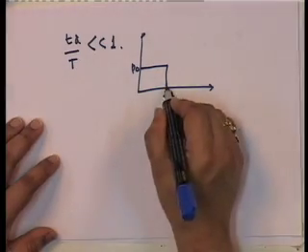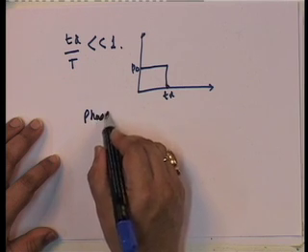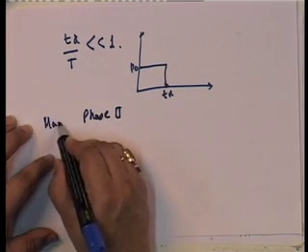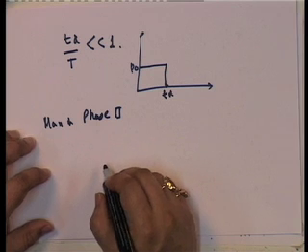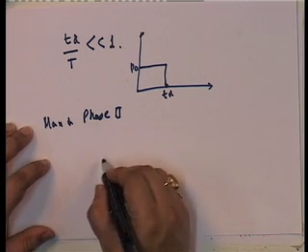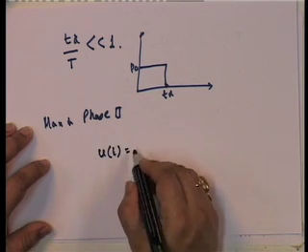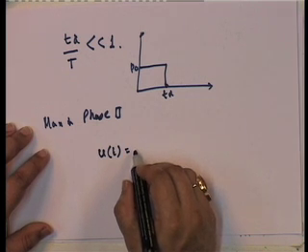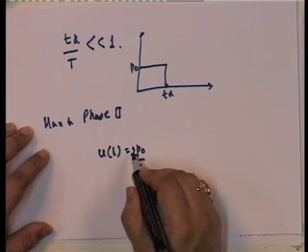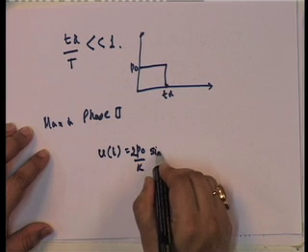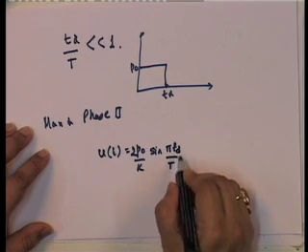Note that if Td by t is very much less than 1, the max will always be in phase 2, because it can never get a chance to rise. And so, therefore, u max is equal to 2 P naught upon k sine pi Td by t.